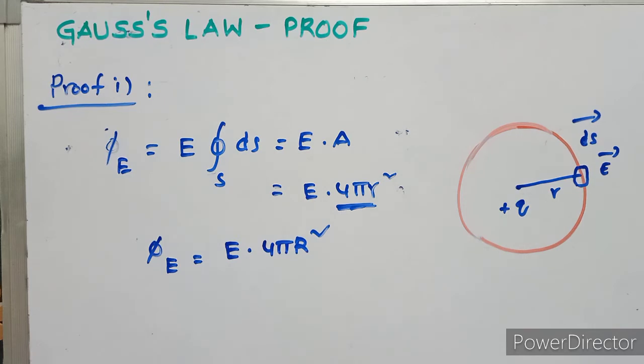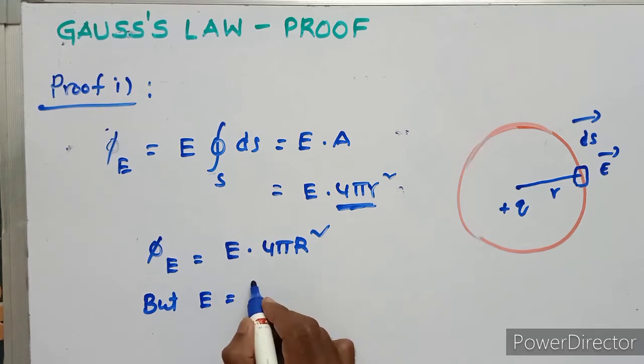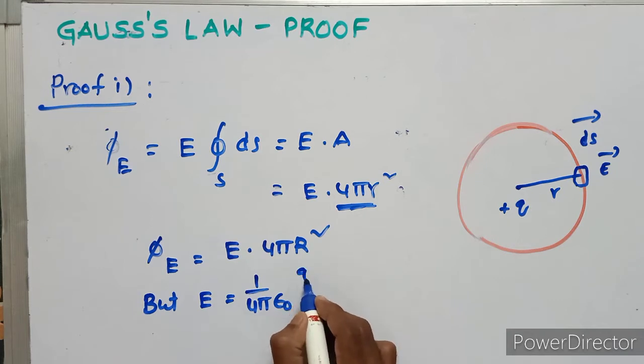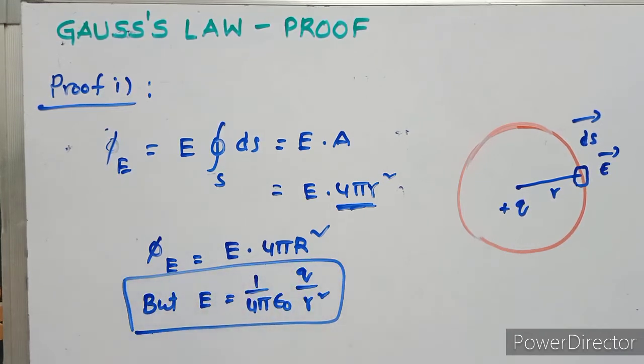But the electric field formula is E equals 1 upon 4 pi epsilon naught times q upon r square. We know that this is the electric field, and it is substituted in this equation.